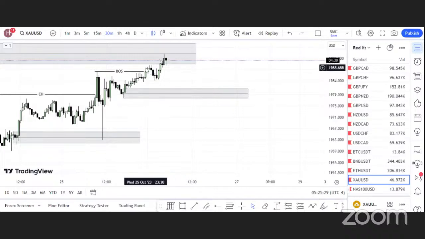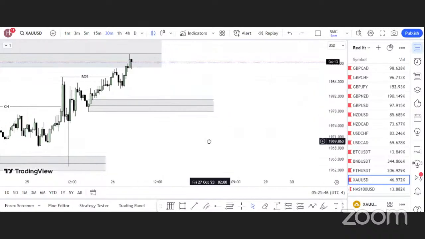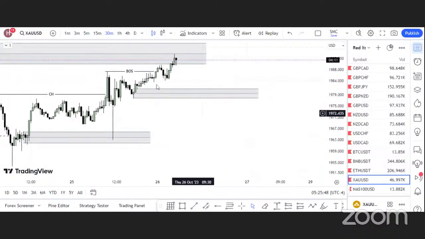If this creates a valid high, then I can use my Fibonacci to see if the market is going to come to this area or maybe a little bit above. All right. So for now, let's just leave it like this. Wait for the higher time frame to play out, and then let's see what the market is going to do next.